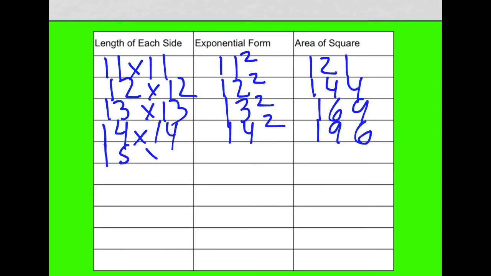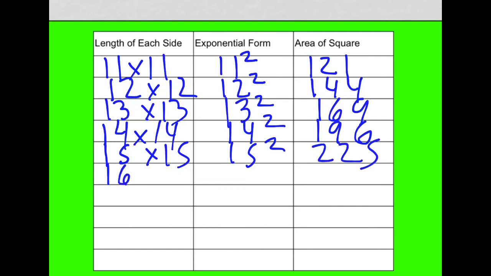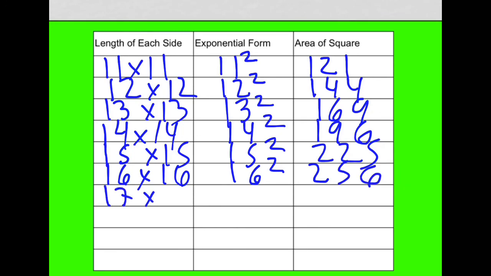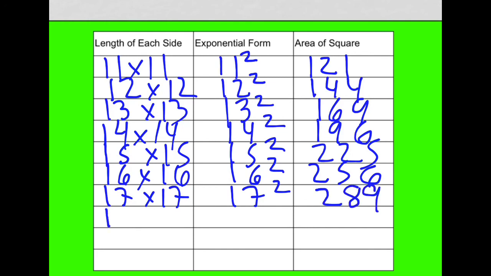15 by 15, 15 squared, 225. Having more confidence now. 16 by 16, that's 16 squared, that's 256. 17 by 17, that's 17 squared, that's 289. 18 by 18, that's 18 squared, that's 324.